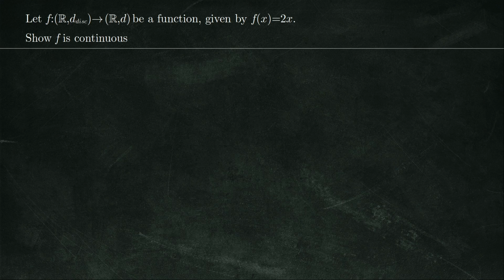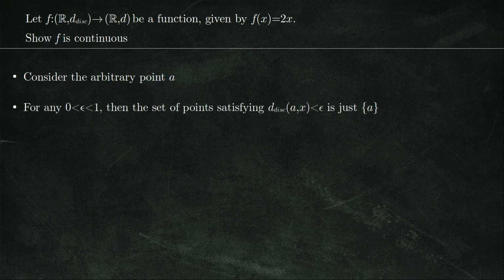So now you've had a go, let's show that f is continuous when we have these metrics. So as always, we're going to consider an arbitrary point a. Then for any epsilon between 0 and 1, the set of points satisfying d(a, x) < epsilon is just the single point a.